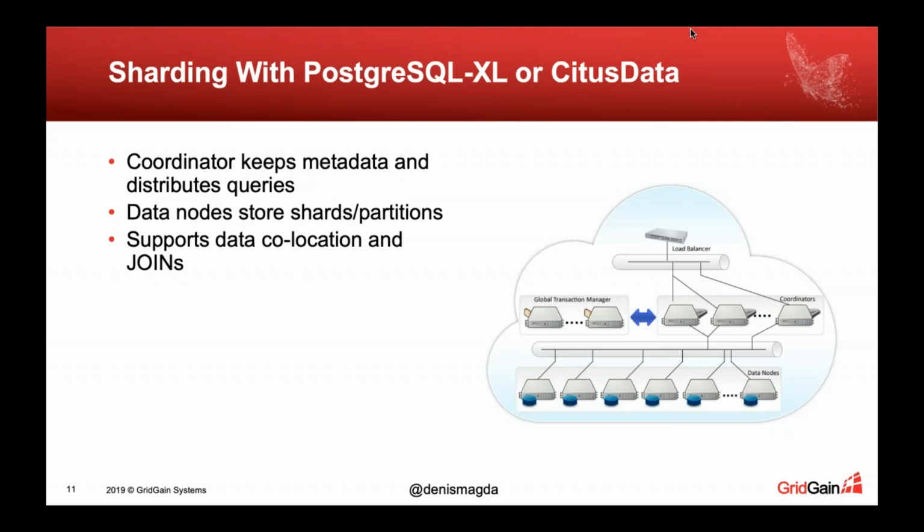But from the architecture standpoint, all of those solutions are pretty much the same. You no longer have just a primary, replica and standby, so backups that keep the same data sets, as happens with Pgpool 2. Here all your data is sharded or partitioned across a cluster of data nodes, across a cluster of machines.